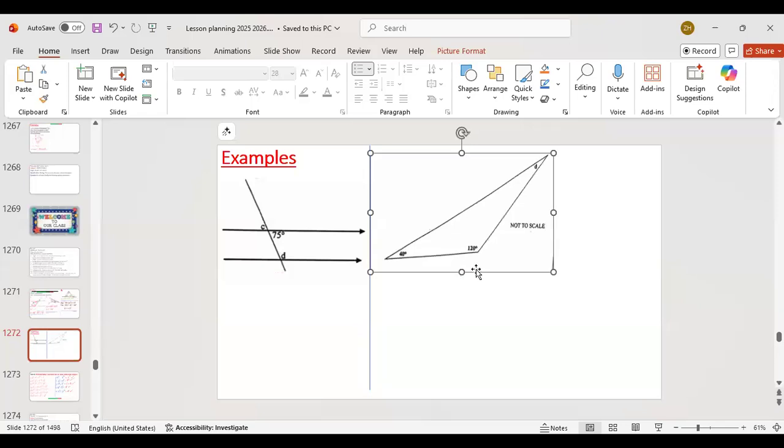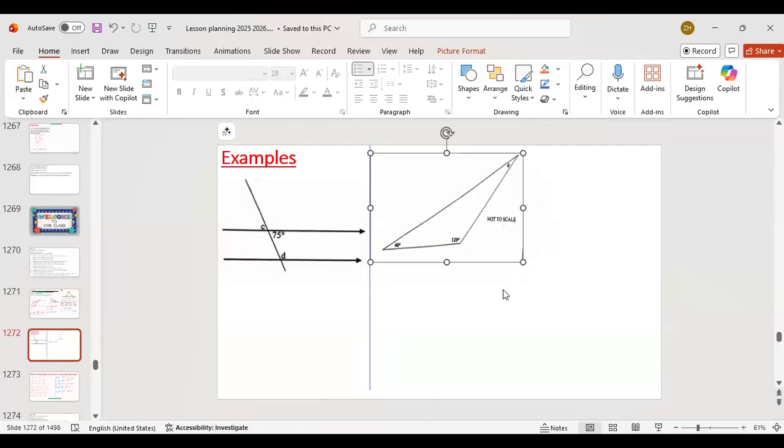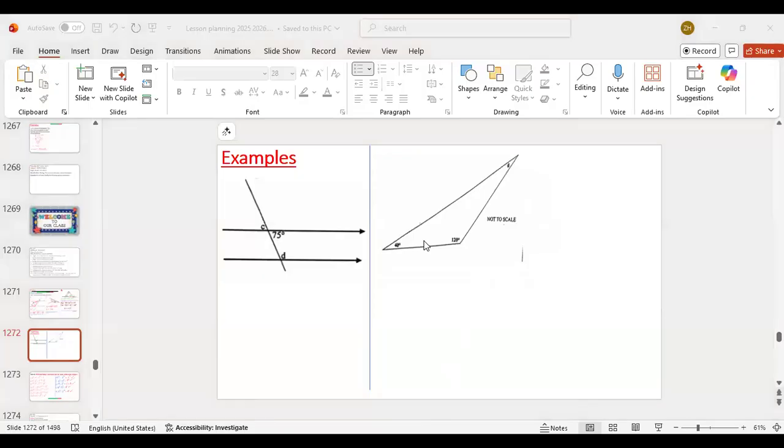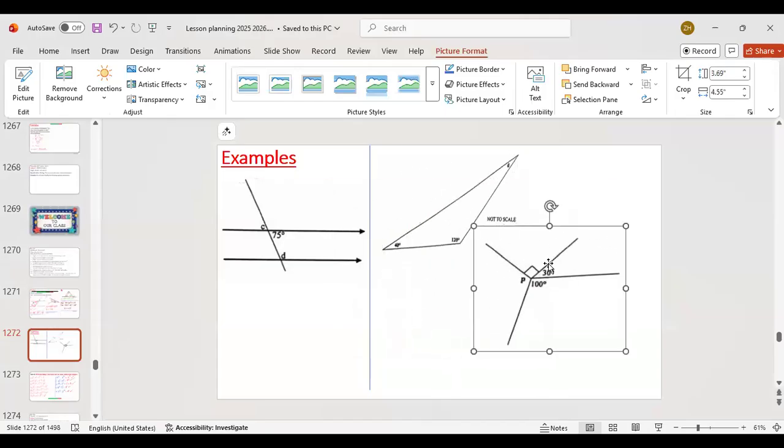So just look at the numbers. Don't worry about it being accurate in terms of the actual drawing. This is a good question. You're going to see a lot of not drawn to scale.